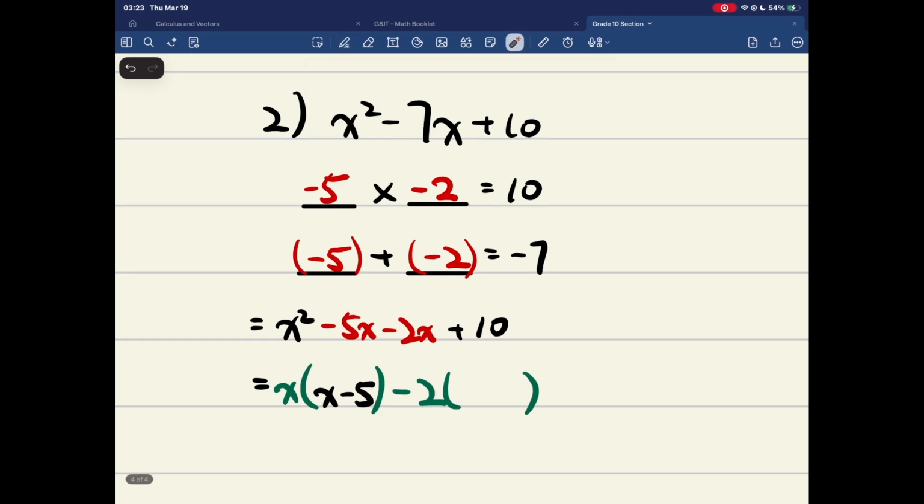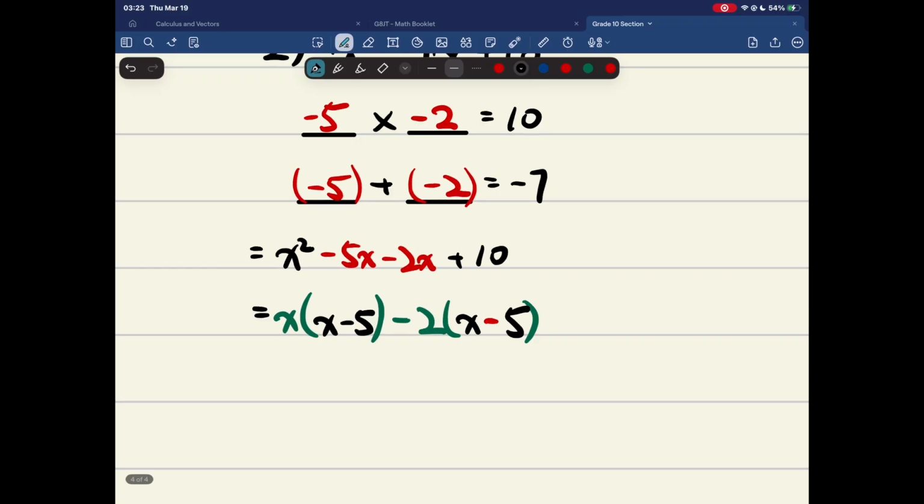Be aware that you factored out the minus sign. And at last, you'll have x minus 5 and x minus 2.